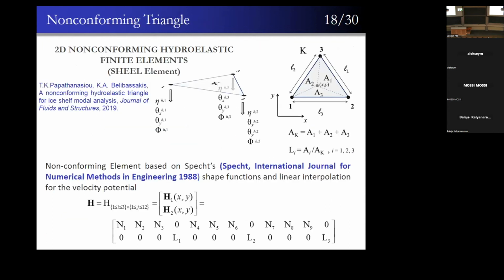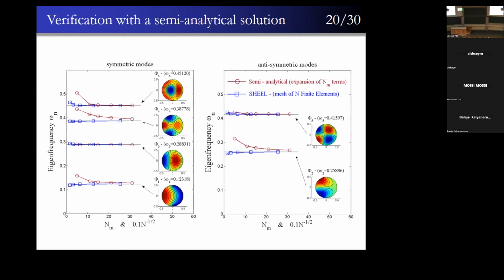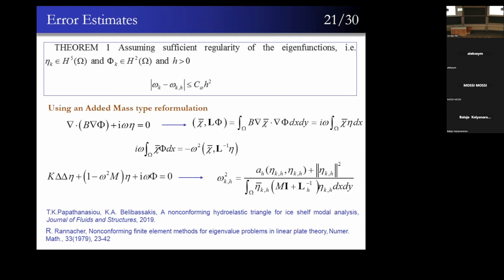Correct, but please note here that we also have the velocity potential equation, which is approximated by a linear triangle. So in the overall asymptotic convergence rate, there is no point in going higher because everything will be in H2 in the eigenfrequencies.